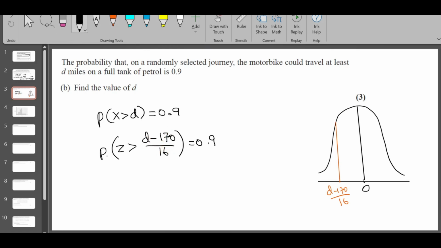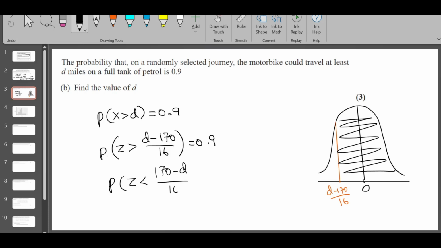So how do you change the negative to positive? The area on the right hand side of a negative number is the same as the area on the left hand side of a positive number. You see how I am changing it to positive? I multiplied by negative 1, or just swapped these two numbers so it becomes positive.